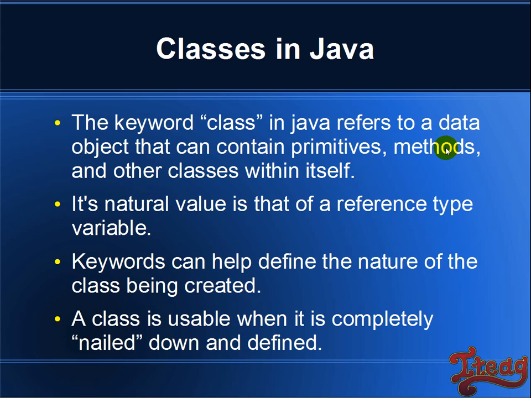All right, and because it's object oriented and a class is a kind of data object that gets resolved into a reference value primitive, it can contain other classes within itself. So yeah, you can fold it up however complexly you want to, but it's usually best to keep it simple. Its natural value, its primitive, is that of a reference type variable.